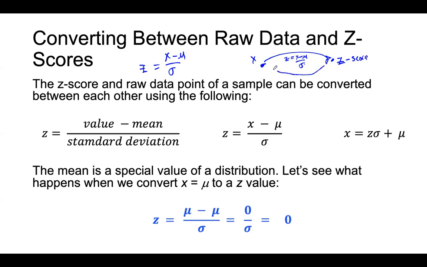Now, when we have this data point, which is our z-score, we can get back to our raw data by applying another transformation, which is this: x is equal to z times our standard deviation plus our mu.